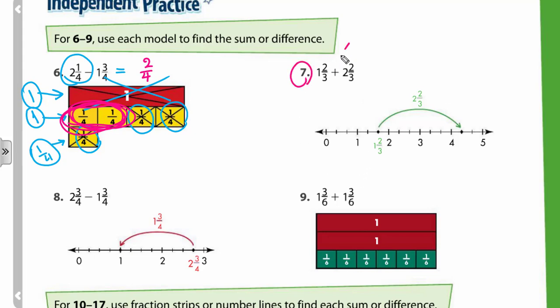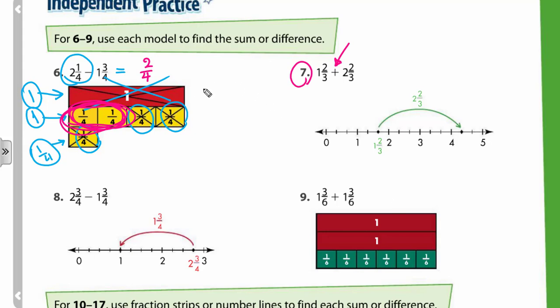This time it's plus. My heroes, it's different when you do plus or minus. When you do plus, you go to the right. When you do minus, you go to the left. What about the strips? When you do plus, you draw more strips. When you do minus, you cancel strips. Again?